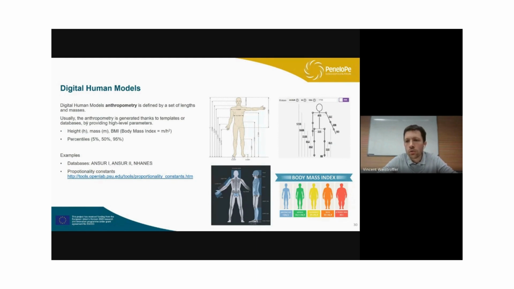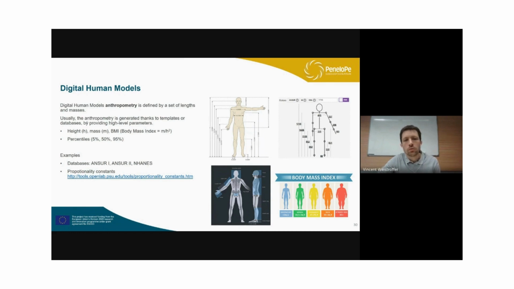This requires you to measure precisely each length of a specific user. It's quite time consuming, and it doesn't really apply to different users. So you have to do it for each specific user.